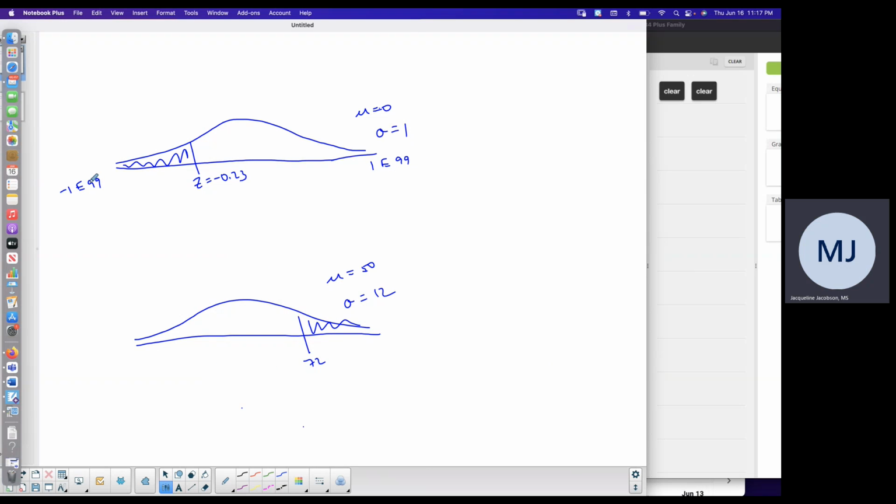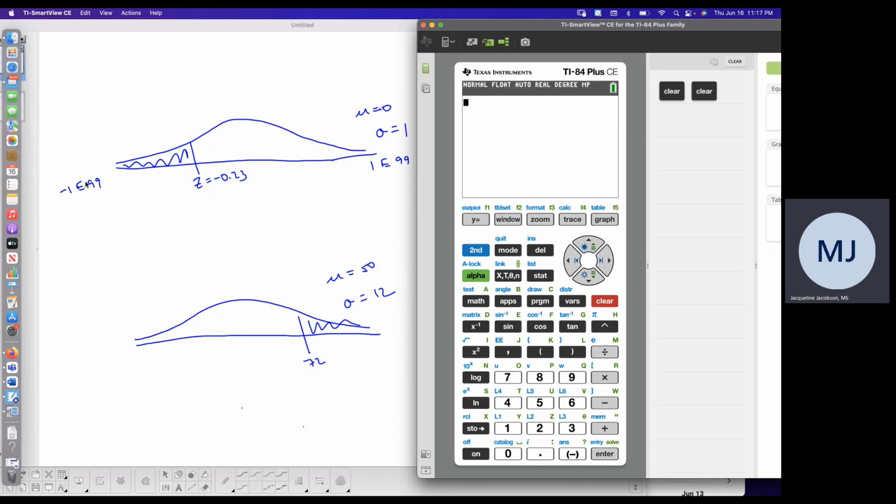So a large negative number and a large positive number represent negative infinity and positive infinity, because we know the bulk of the area is here, and as we get into the tails really far, most of the area is not really there. That's like scientific notation, -1 times 10 to the 99 or 1 times 10 to the 99.